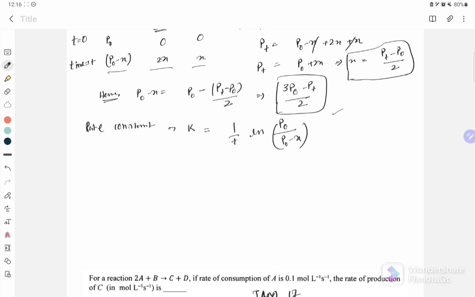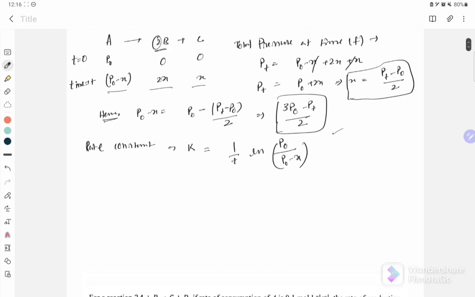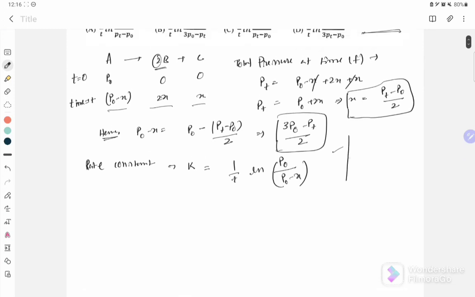Why am I writing it like this? In the ordinary case, when concentration is given, the equation is k equal to 1 by t ln a by a minus x, where a is the initial concentration and a minus x is the concentration of reactant left after time t.